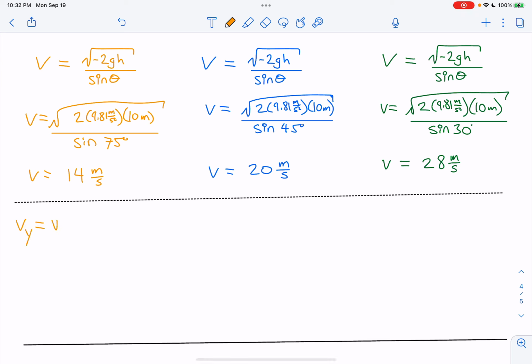Well, that's V sine theta. So Vy is going to be 14 meters per second times sine 75. So our Vy is equal to 14 meters per second.